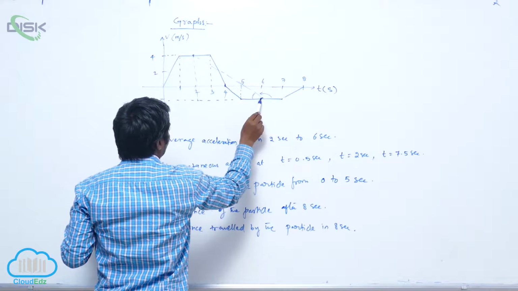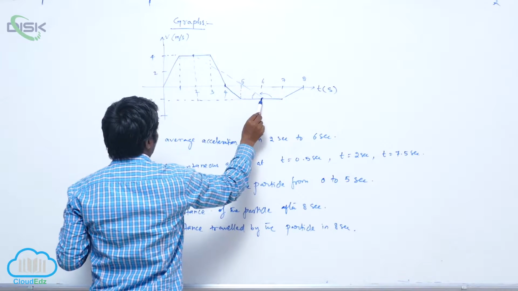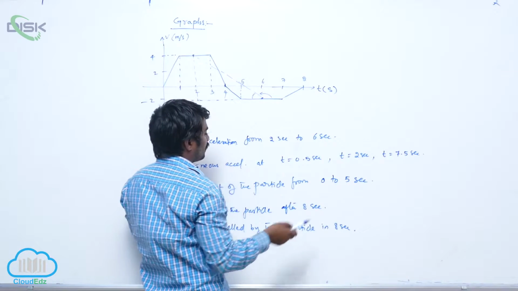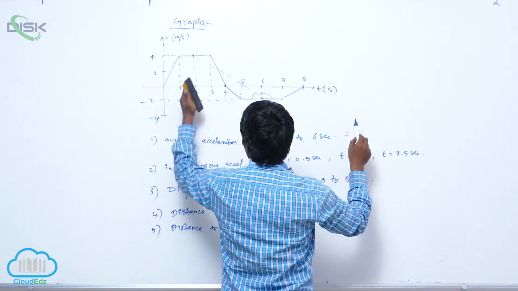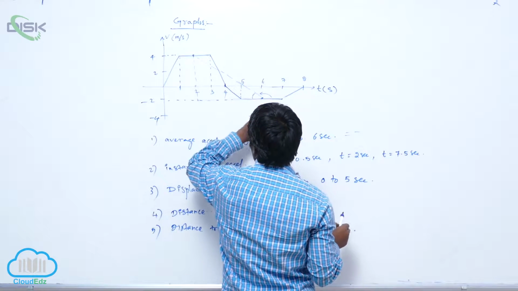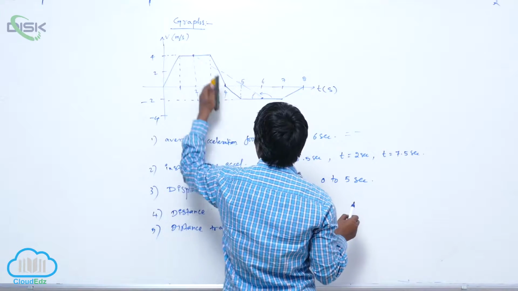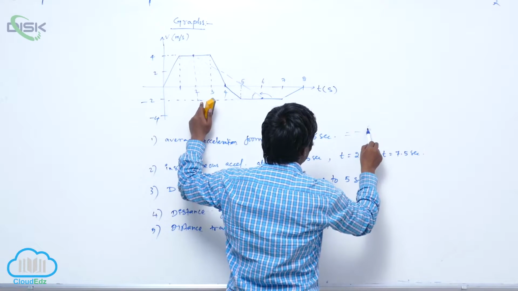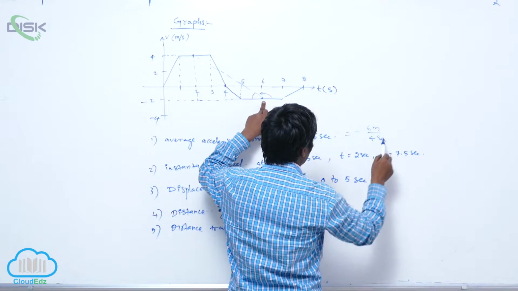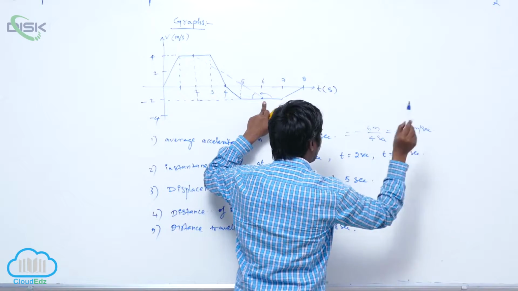From here to here, 2 seconds to 6 seconds, the time duration is 4 seconds. So average acceleration between 2 seconds to 6 seconds is equal to minus, because slope is negative, so average acceleration is also negative. So 6 meters per second by 4 seconds, so what do you get? Minus 1.5 meter per second square.